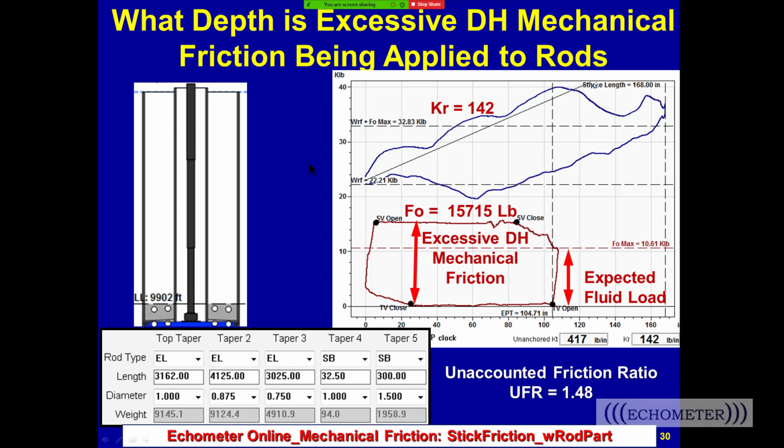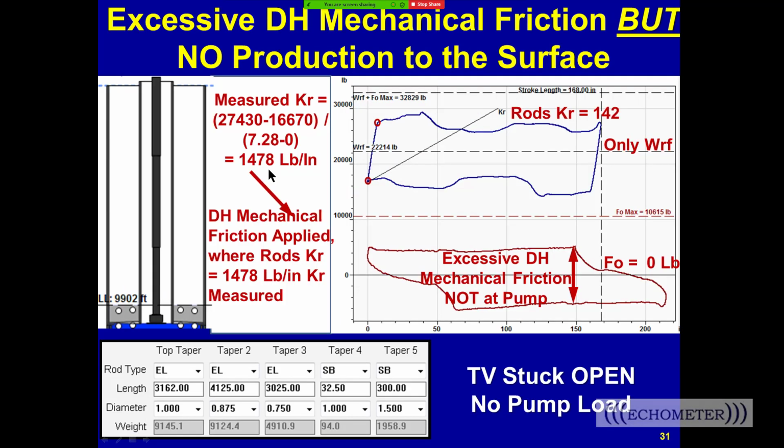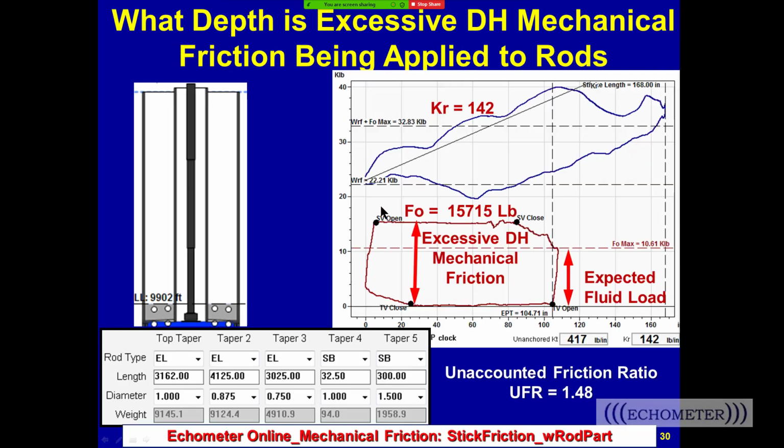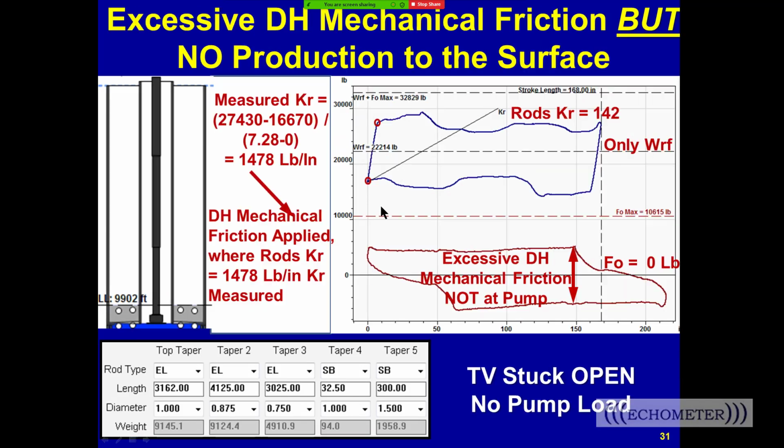So this is a PRT, and this is a horseshoe load cell. The horseshoe load cell gives the actual loads measured at the surface, and then it calculates from these measured loads down to the end of the rod string, and this is the resulting shape at the end of the rod string. So this is horseshoe load cell data, and this is PRT data. This is before, and this is after the rod part occurred at the pump.